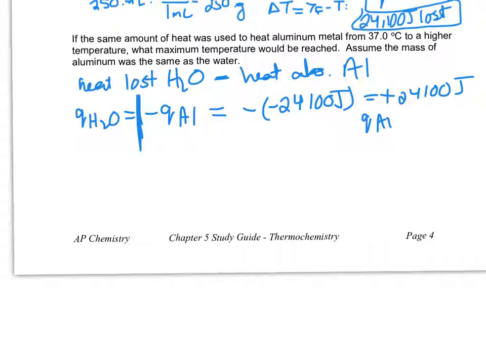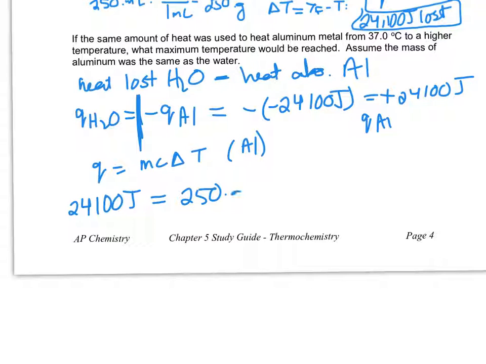So then what I can say is, well, Q equals MC delta T for my aluminum. My Q of aluminum is positive 24,100 joules. My mass of aluminum, it says it's the same mass as water, so 250 grams. C for aluminum, we look up. It's 0.902 joules per gram Celsius.